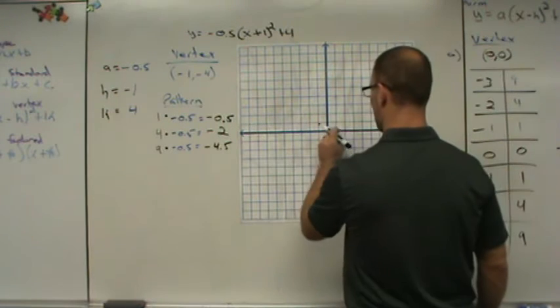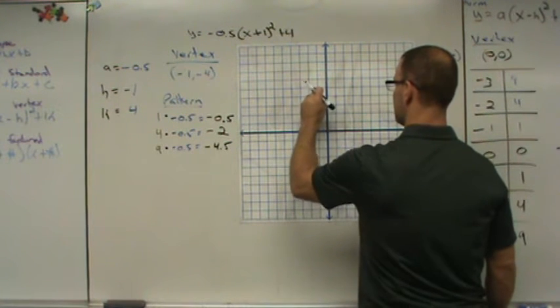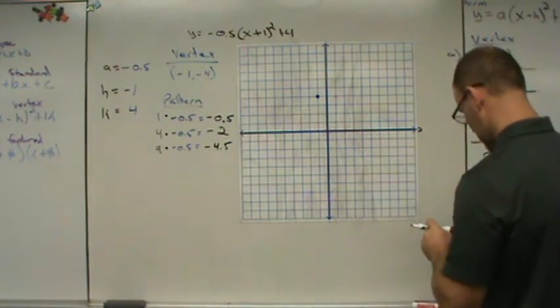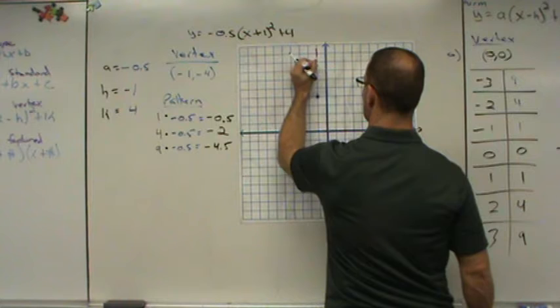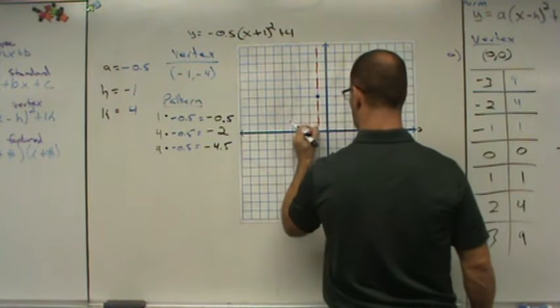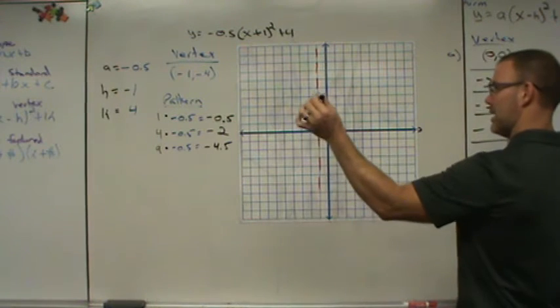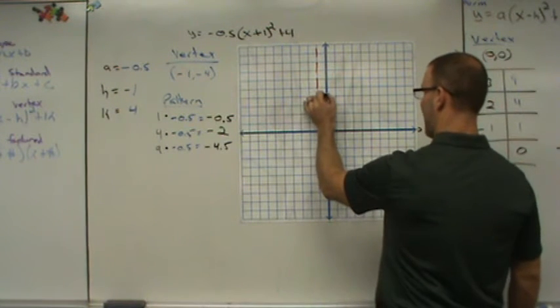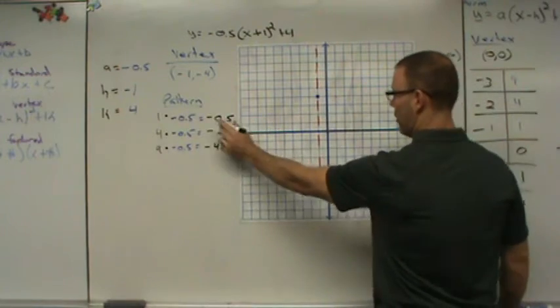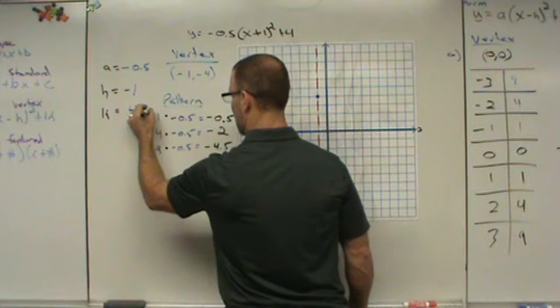I plot my vertex, negative 1, positive 4. There's my vertex. I might even identify my line of symmetry, which I like to do because that's helpful. You'll see where that's helpful in a moment. Now, take your pencil, put it on the vertex, and we're going to move right 1 and down, not down 1, but down a half.